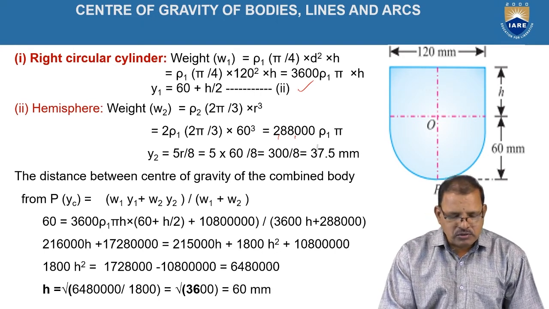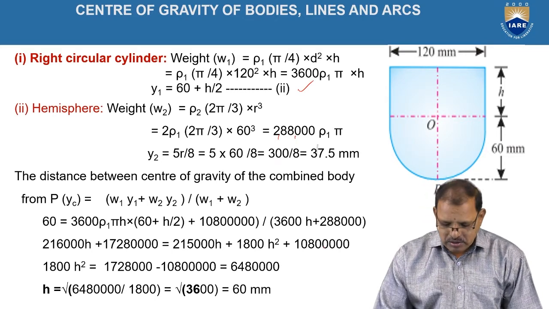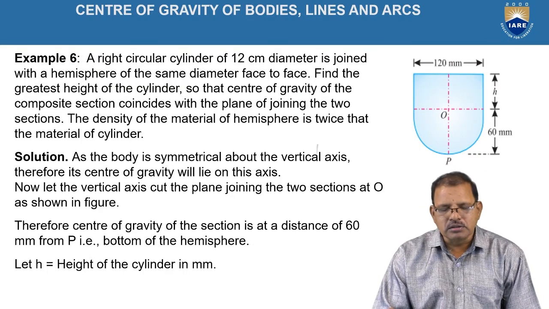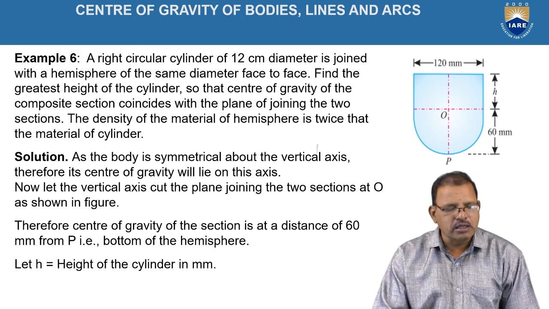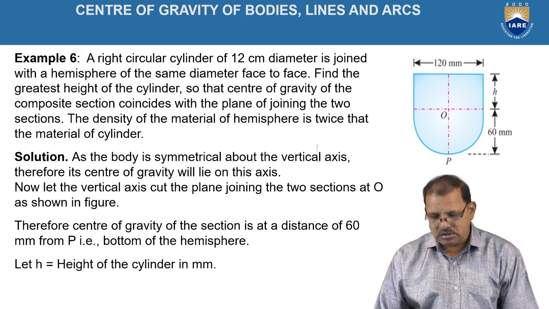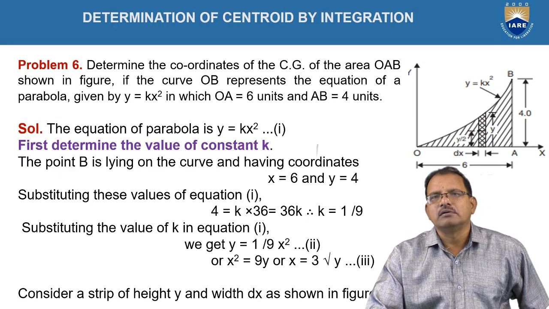So on doing the calculations we got h equal to 60 mm, in order to keep the center of gravity of the composite section coincident with the plane of joining of the two sections. Now, for plane figures, if it is in a curved form, the integration method is preferable.